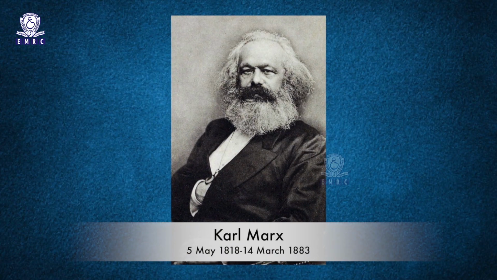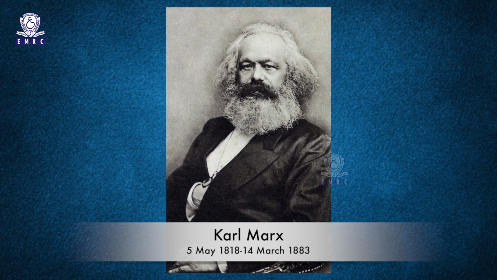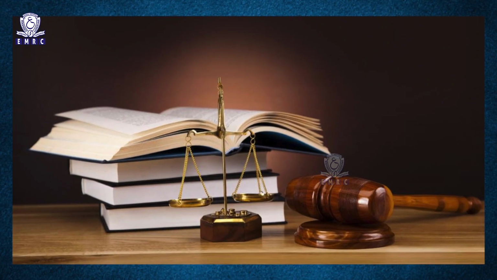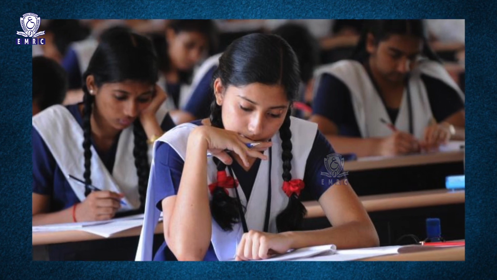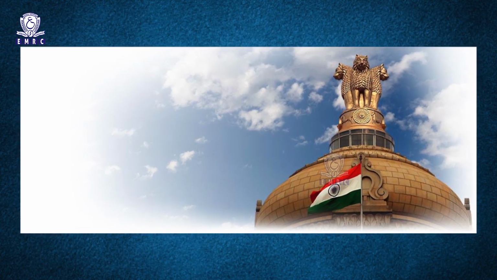Marx linked this analysis to the idea that the economic base of society influences the general character of all other aspects of culture and social structure, such as law, religion, education, and government.